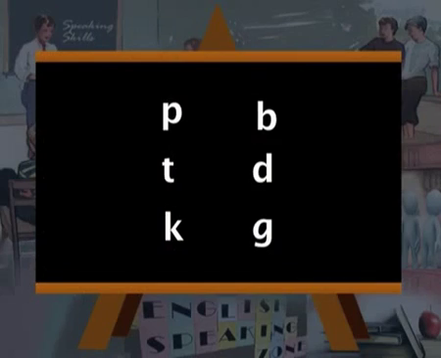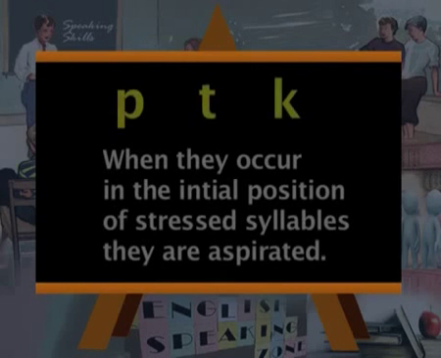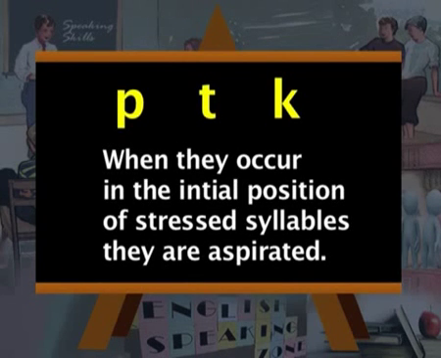One important thing that we have to keep in mind when we produce these consonant sounds is this triplet of voiceless plosives, p, t, and k. When these sounds occur in the initial position of stressed syllables, they are aspirated.